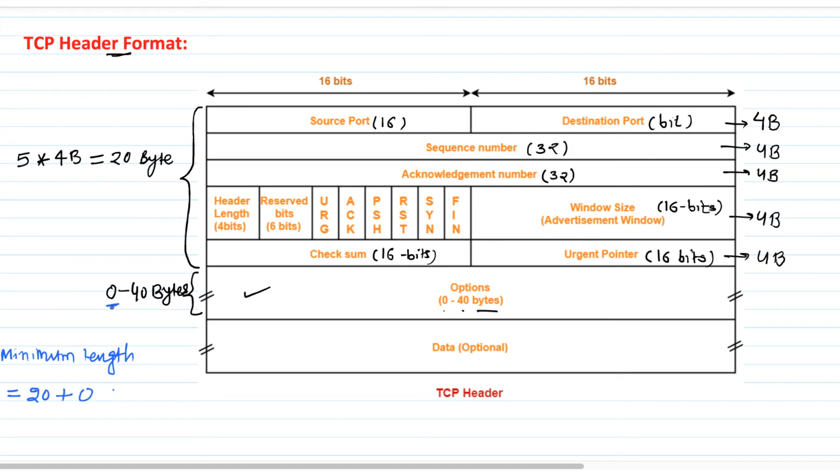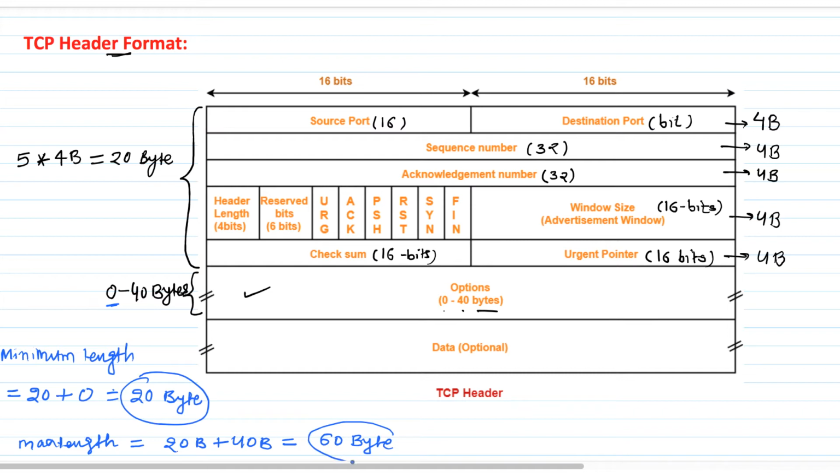When the optional field is 0, it will be equal to 20 bytes as the minimum length, while the maximum length will be 20 bytes plus 40 bytes, which is equal to 60 bytes. So the TCP header also varies from 20 bytes to 60 bytes.